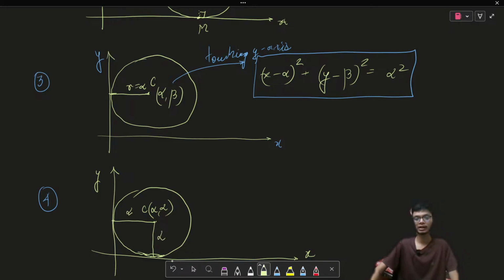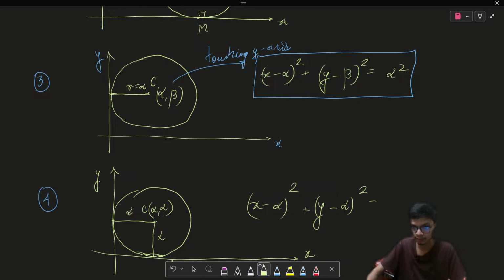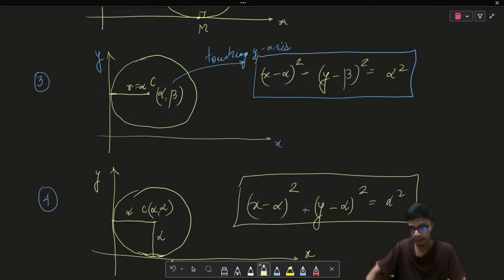So this alpha and beta should be equal, and that's how the center will be alpha comma alpha. If I consider the center as alpha comma alpha, then the circle equation will be (x minus alpha) whole square plus (y minus alpha) whole square is equal to alpha square. Okay, so this is how the equation of the circle will look like. All right, is this part clear?